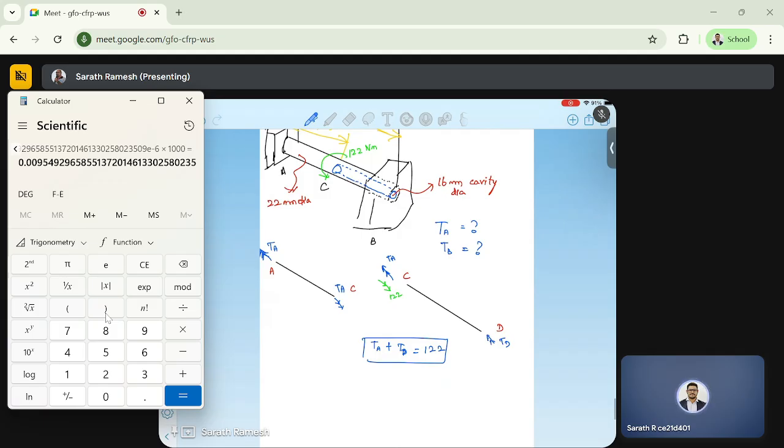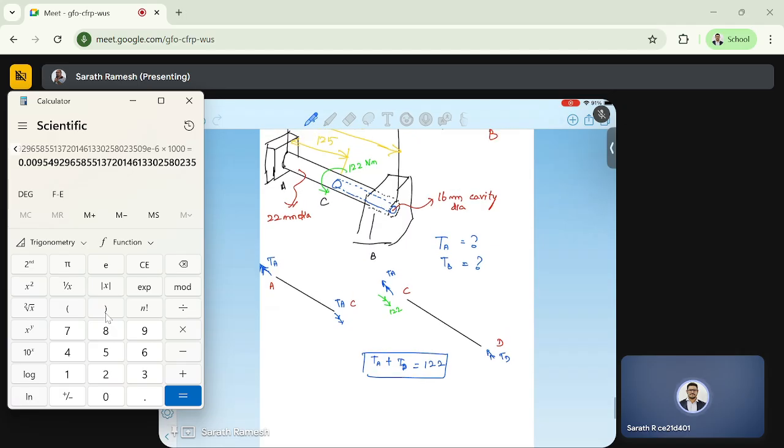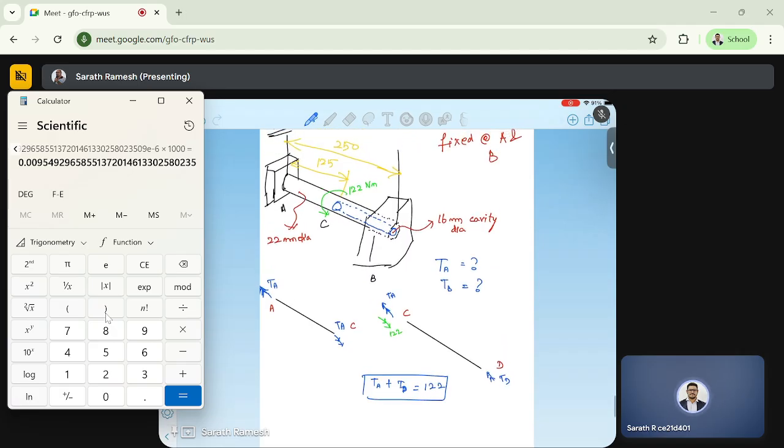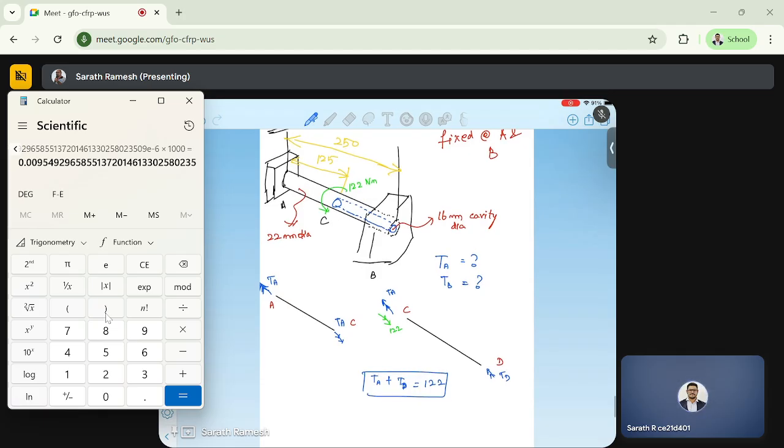It's an indeterminate structure. We need one more equation in order to compute the unknowns. Now, what is that one more equation? We need to use compatibility. Here, there is something related to the angle of twist.